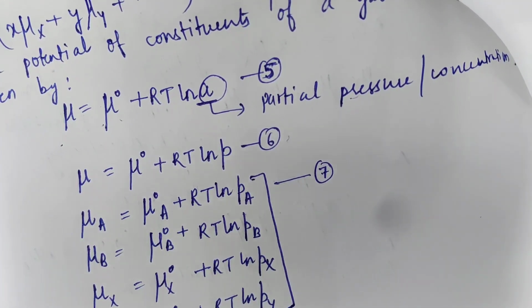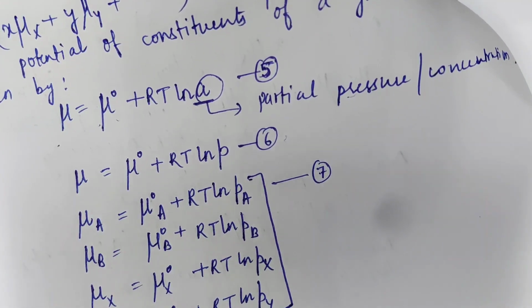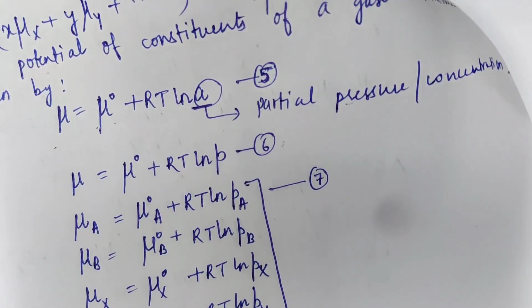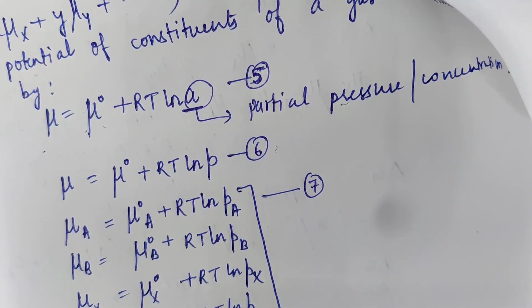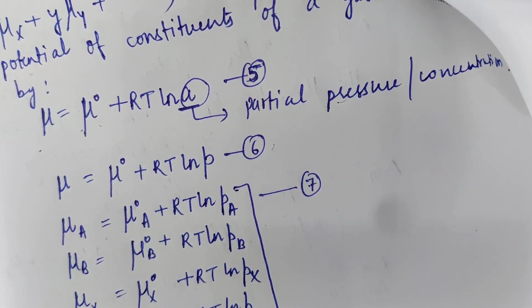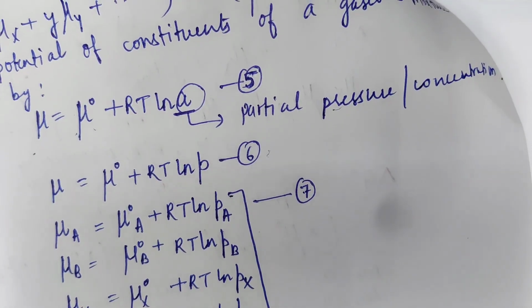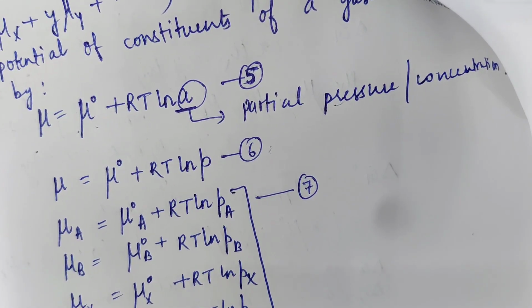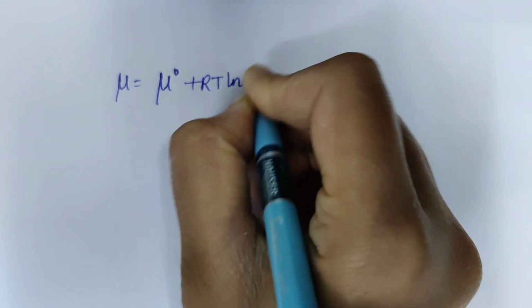Instead of taking this, if we take chemical potential in terms of concentration, the derivation will give Kc, the equilibrium constant in terms of concentration. So I am going to write chemical potential in terms of concentration, that is mu is equal to standard chemical potential plus RT ln C.